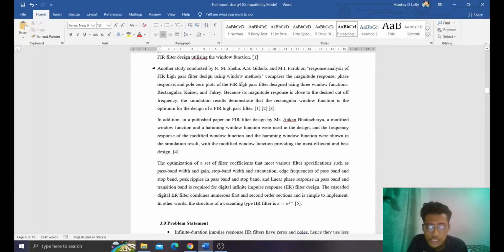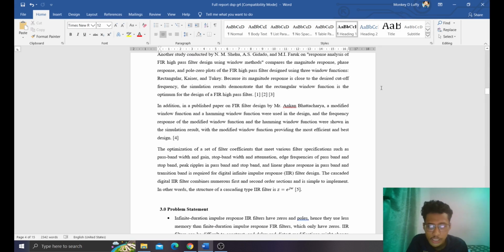Another study conducted is the response analysis of FIR high-pass filter design using window methods. In addition, in a published paper on FIR filter design by another publisher, a modified window function and a Hamming window function were used in the design, and the frequency responses of the modified window function and the Hamming window function were shown in the simulation result, with the modified window function providing the most efficient and best design.